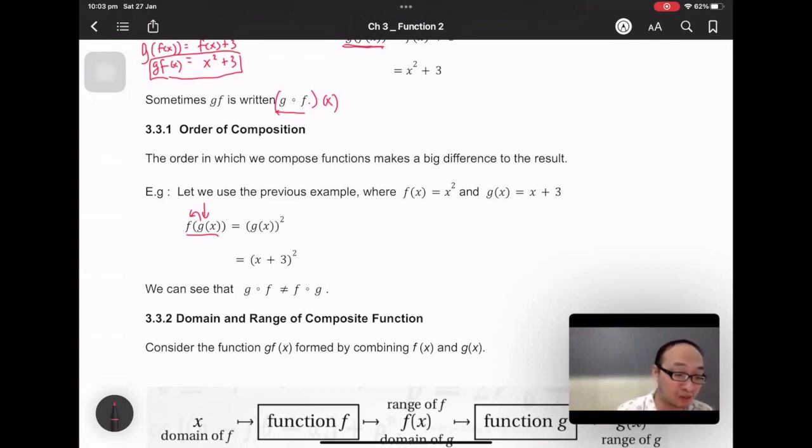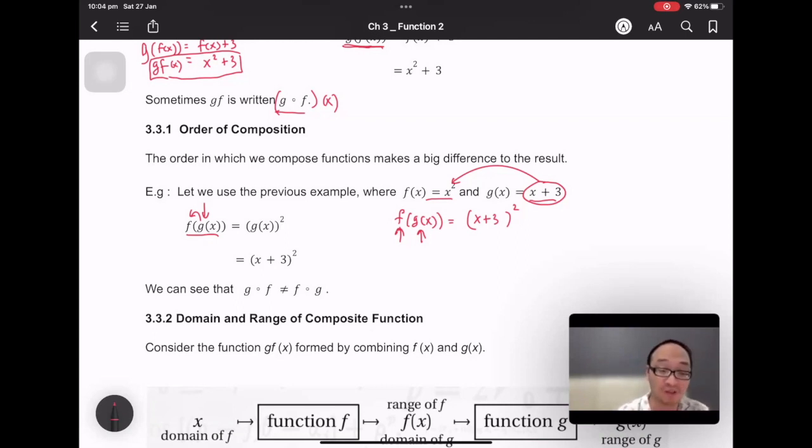So f(x) is x squared and g(x) is x plus 3. So we put g(x) in place of x in f(x). So f of g(x) is something squared. This is the room, this is the house, and this is the thing that you input to the house. The thing is x plus 3. So f of g(x) is x plus 3, squared.